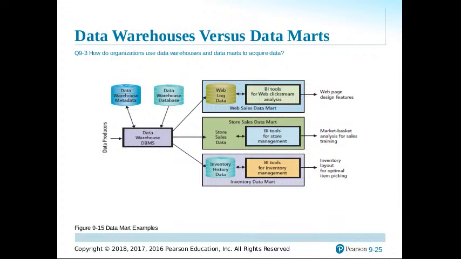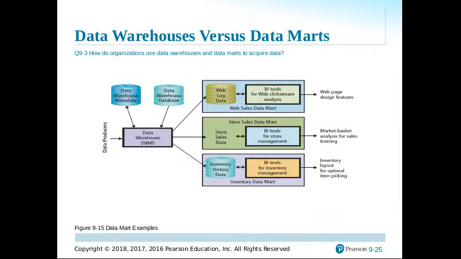Here we know that the data warehouse can help manage the whole database in the organization. That means it has data for all the departments and all the divisions in the company, so it's very large.